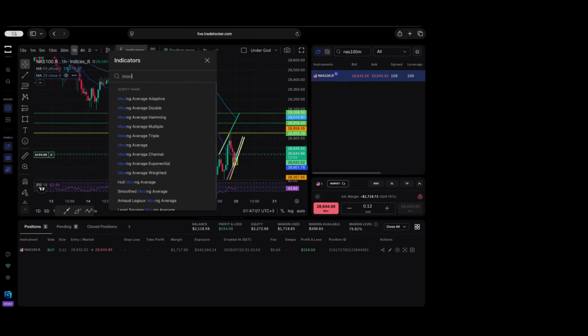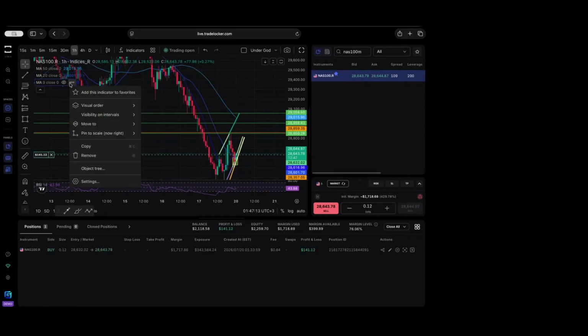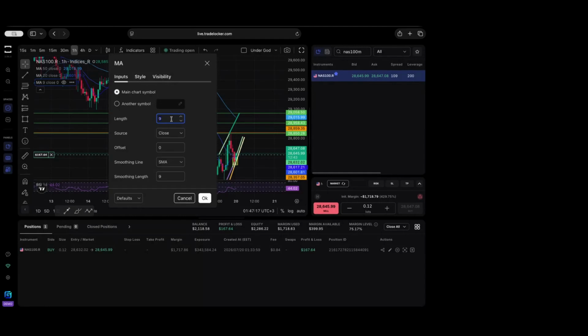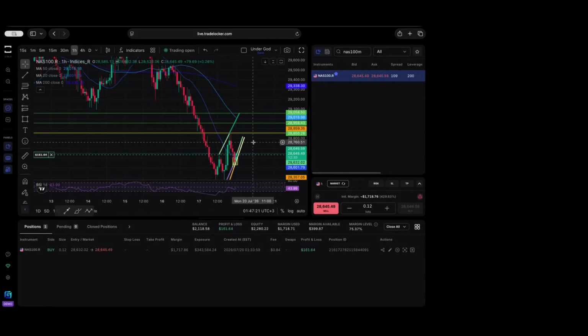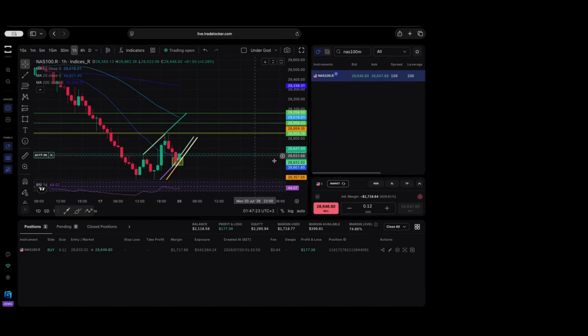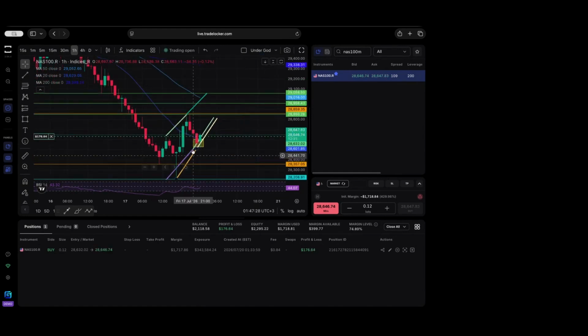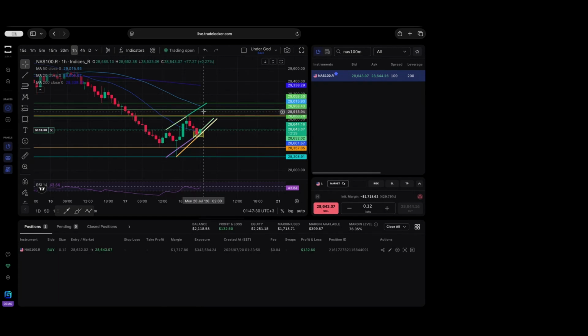Oh, wait. We're going to do this one to 200. So now that we have our markups, we can kind of see that this is showing that story, which is why I have fallen in love with that indicator.